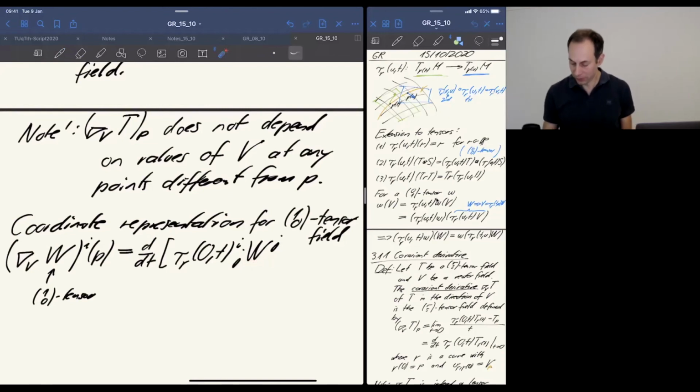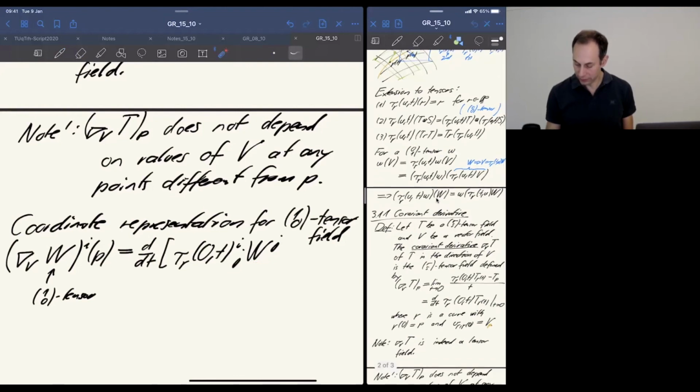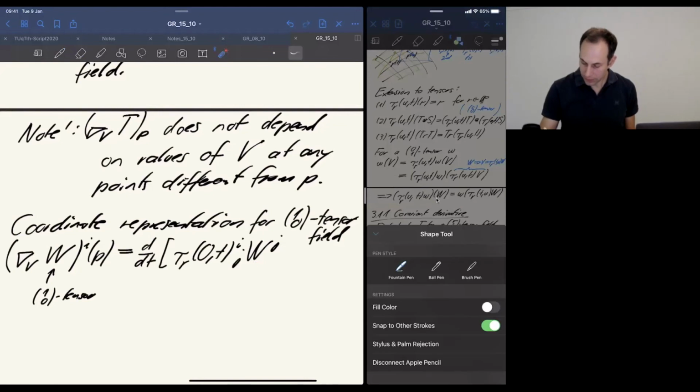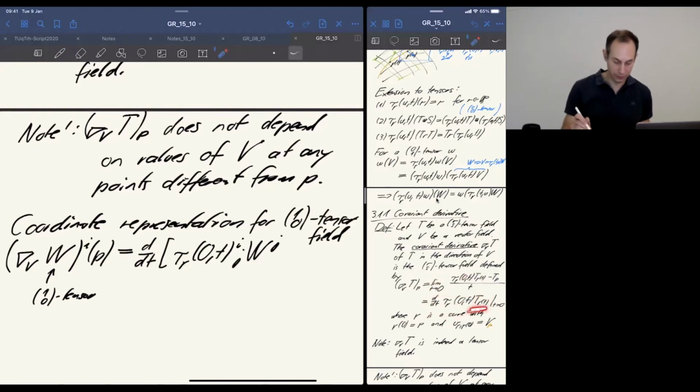So this corresponds, if you look at the definition here, just to essentially this. So it corresponds to this thing here, just written in components. T is now W, of course.